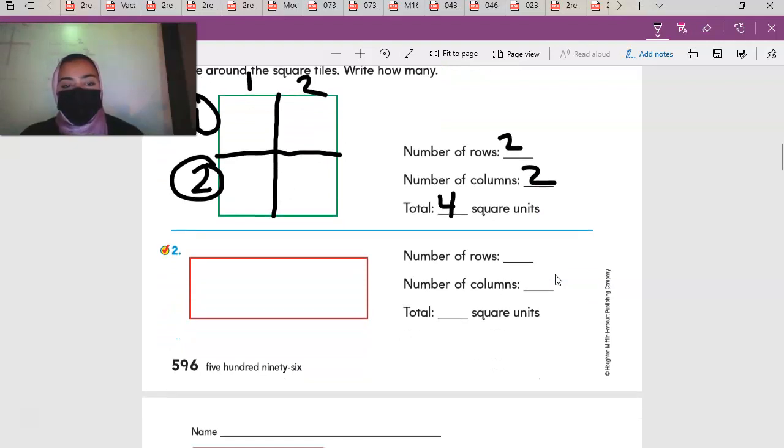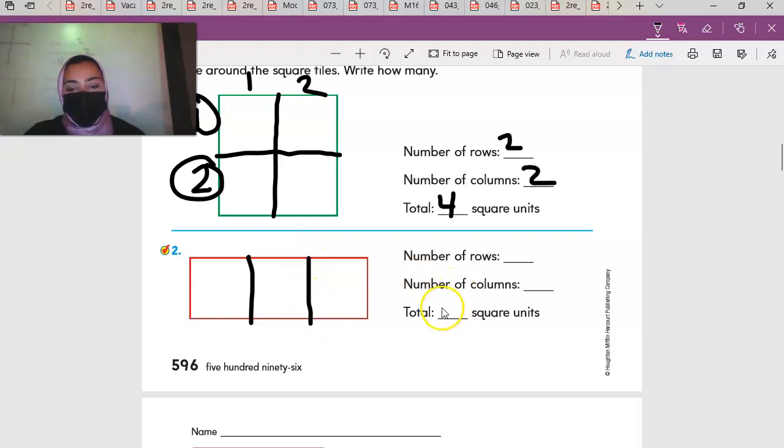Okay. Now let's look at number 2. If we would break this apart, who wants to raise their hand and tell me how many square tiles we will need for this one? Rena. 3. Very good. Again, onliners, if you use your inch ruler and just measure by inch, each inch would be 1 square unit. And if you would do that, then you'd know that this would be split into 3 square units.